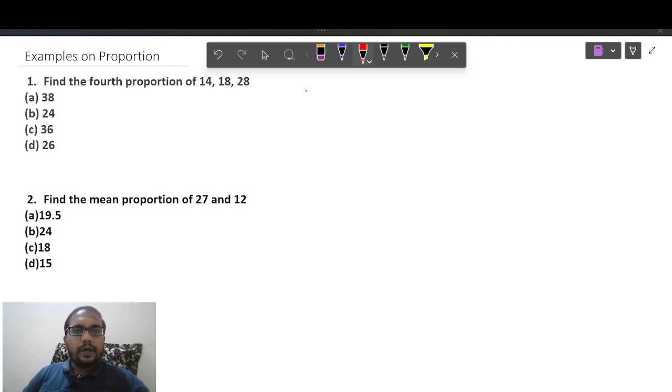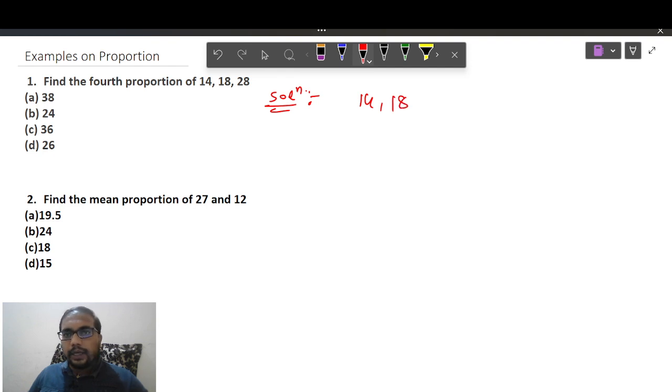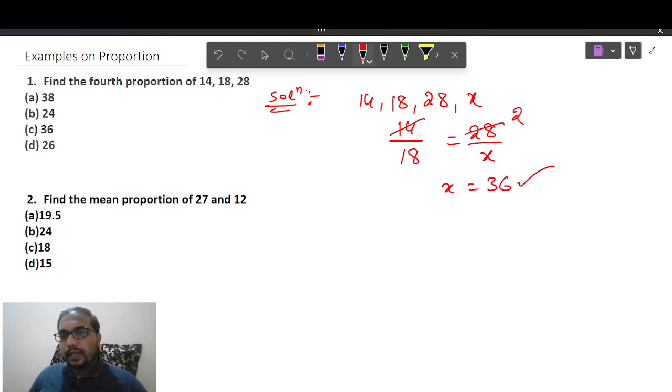We don't know the fourth value, so what we need to do? 14, 18, 28, and the last value is X. 14 by 18 is equal to 28 by X. 14 cancels how many times? 2 times. X value is equal to what? 36. That is the fourth proportion here.